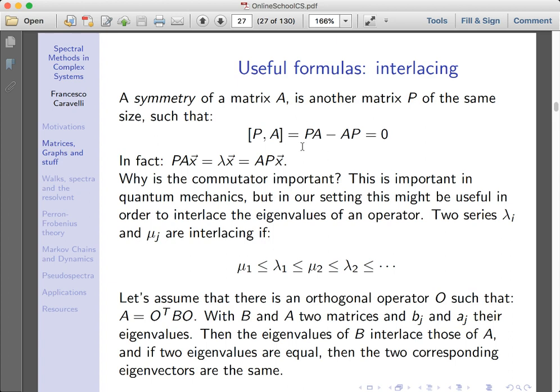Suppose that P and A commute, which is exactly what's written in the first equation here, and that you know the eigenvalues of P and A. Then you know that the eigenvalues of P and A, when they are put in order, must interlace, which means there is a property like the one in the second equation in the slide. And very often you can use this because if you know that the matrix has a certain symmetry, which means it commutes with a certain set of operators, then if you know the properties of these operators, you can always bound the eigenvalues of the matrix.